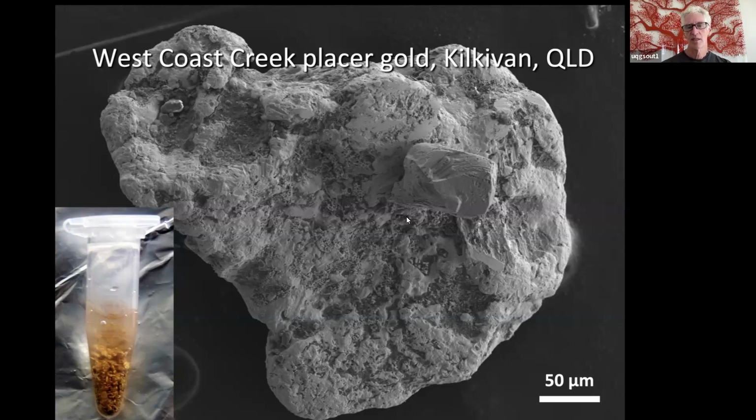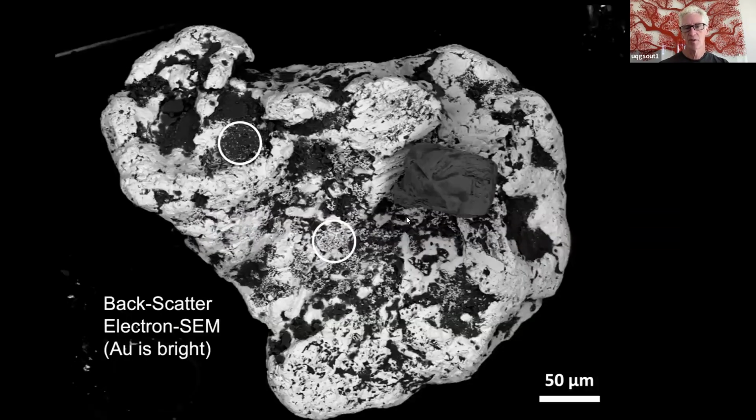Now, this image is with secondary imaging, which gives us a 3D view of this material. If we go to backscatter, then we get contrast based on atomic mass, so high atomic mass things will be bright, and low atomic mass things will be dark. And so if we shift the detector here, we've got a couple of circles in the top left.